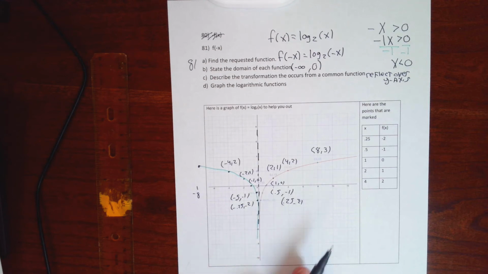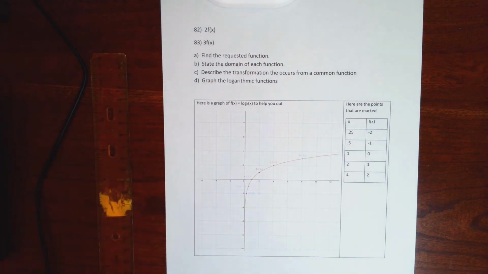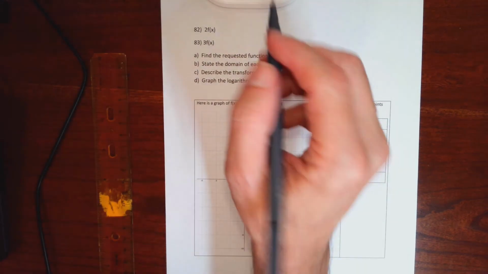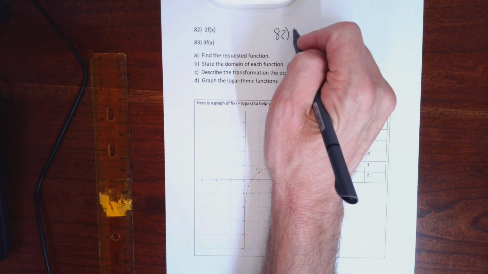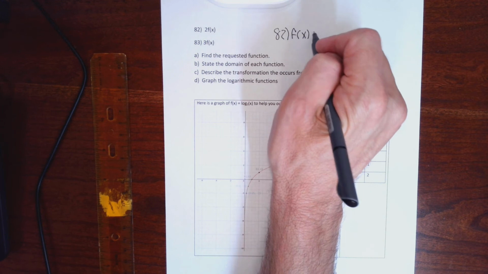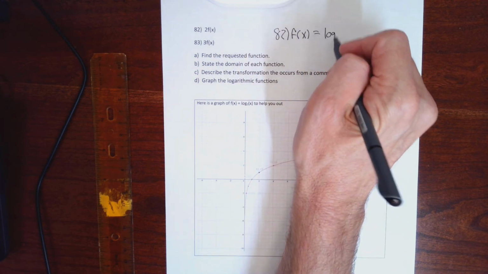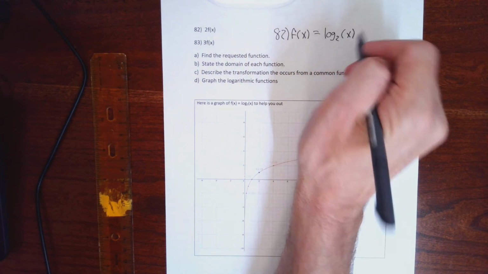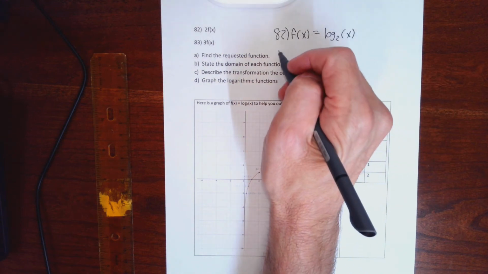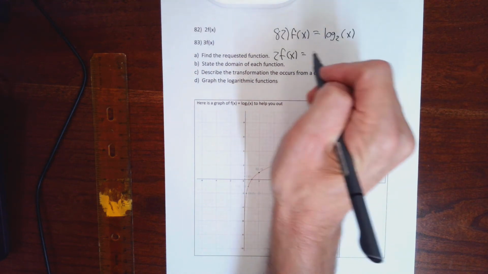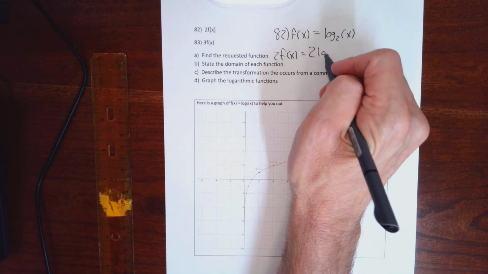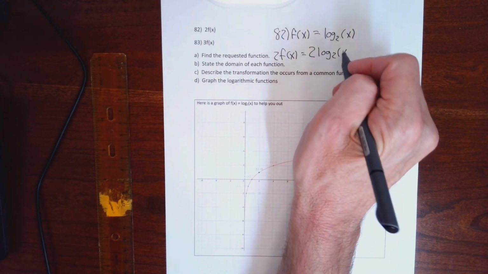One more, and this is a stretching one, and those are so hard for me to show. So in 82, I'm using the seed function f of x equals the log base 2 of x, and to find 2 times f of x, I'm going to put a 2 in front of my logarithm and get 2 times the log base 2 of x.